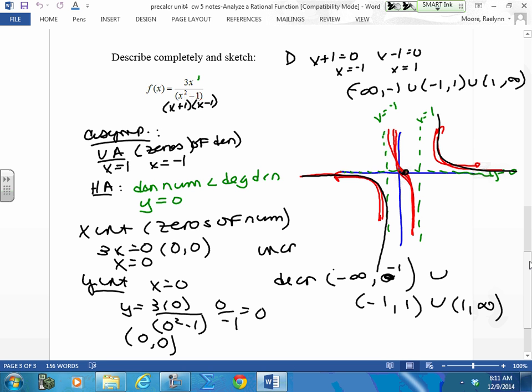From that, you should be able to find your concavity too. Your concavity says, this is my page down, from -infinity to where? -1. And what's this one over here? Gave up from where? 1 to infinity.